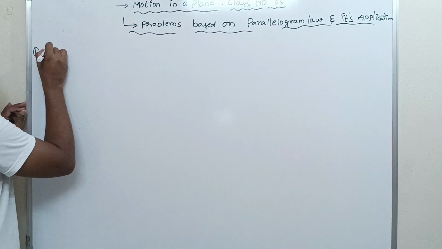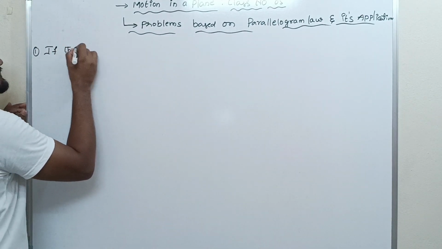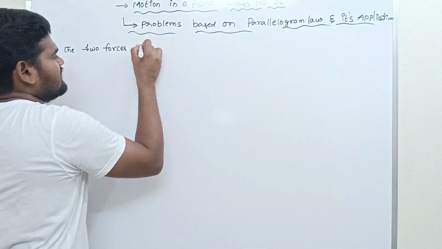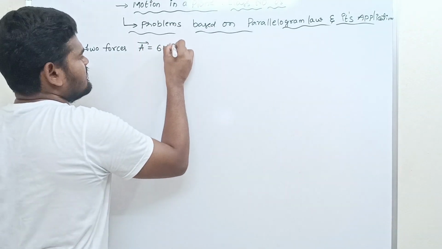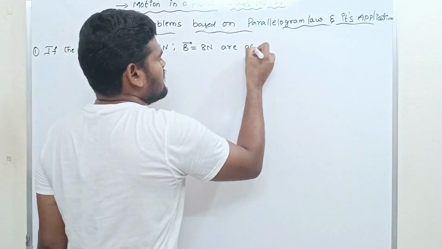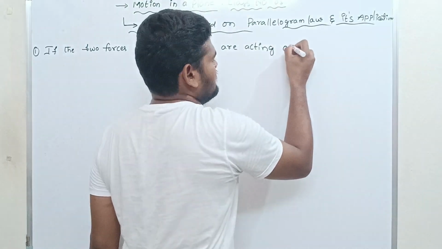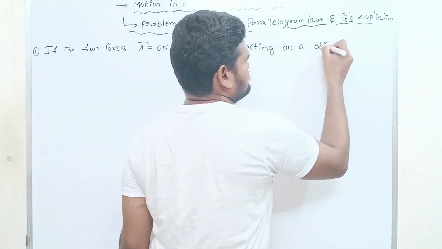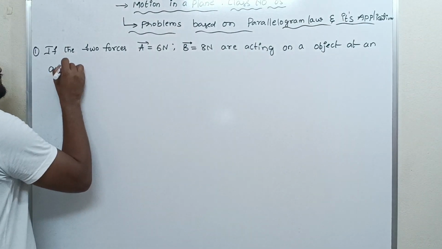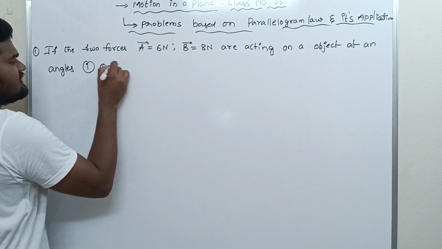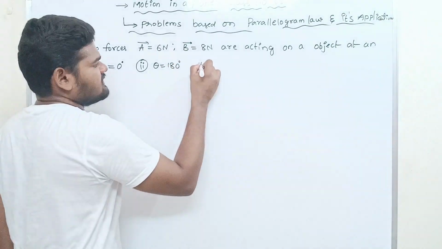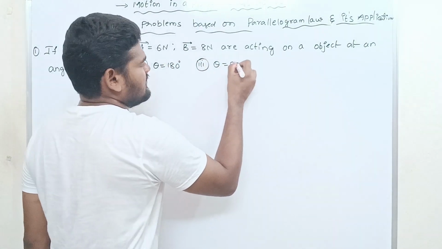The first problem: if two forces, let us say vector A is equal to 6 newtons and vector B is equal to 8 newtons, are acting on an object at angles: number 1, theta is equal to 0 degrees; number 2, theta is equal to 180 degrees; and the third one, theta is equal to 90 degrees.